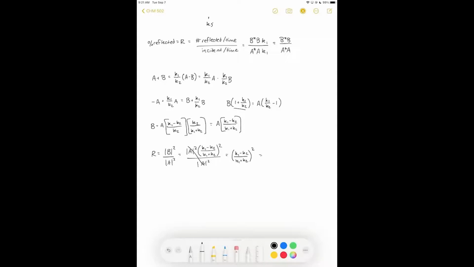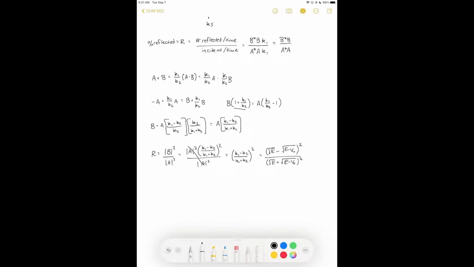So the chance to be reflected is equal to the square root of the energy minus the square root of the energy minus the potential barrier, squared, divided by the square root of the energy plus the square root of the energy minus the potential barrier, squared. And these are just subbing back in the values, right? The only difference, of course, being the energy terms. So subbing in those energy terms for K1 and K2.